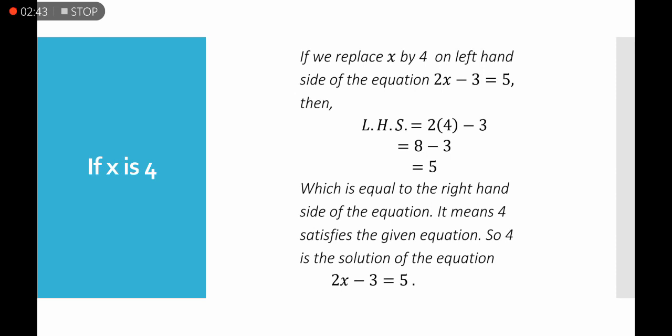It means 4 satisfies the given equation. So 4 is the solution of the equation 2x minus 3 is equal to 5.